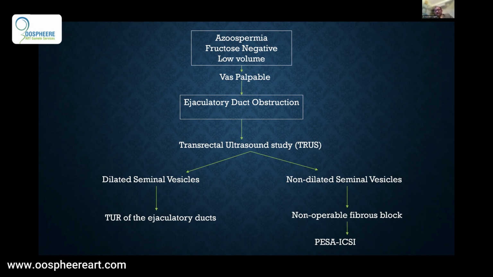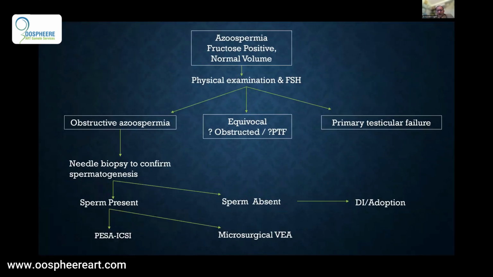So this is how you can take the help of parameters and decide which treatment to offer. Suppose you have azoospermia with fructose positive and normal volume, and you have done a physical examination and FSH. If you suspect obstructive azoospermia, you go for fine needle aspiration.